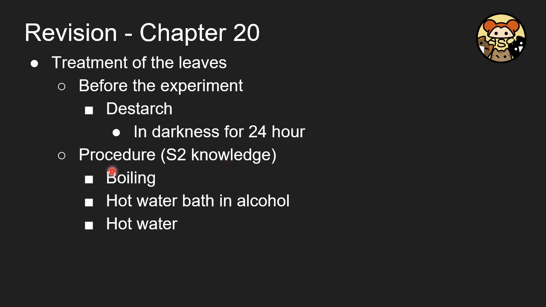Before the iodine test, first we boil the leaves, and then we treat the leaves in a hot water bath with alcohol to remove the chlorophyll and also to dissolve the cell membrane. Finally, we use hot water to wet the leaves, to get them wet and soft again in order to start the test. Otherwise, it will be too brittle.